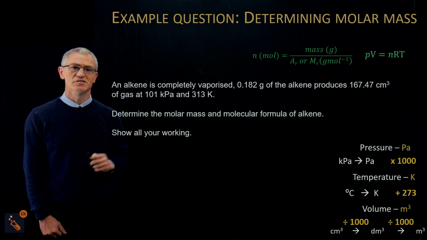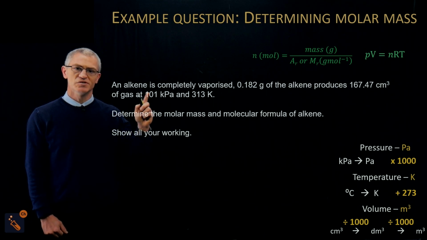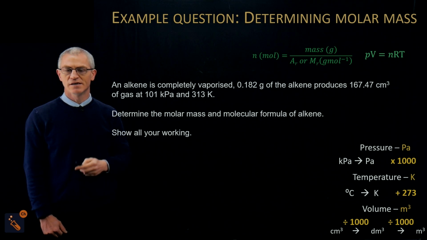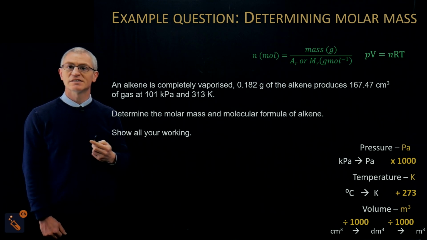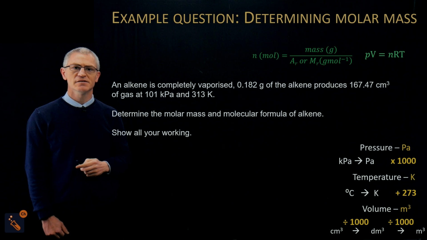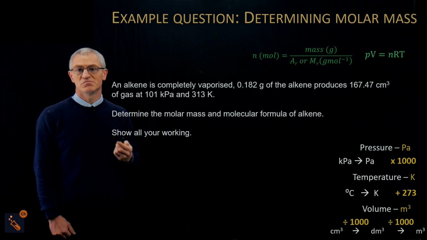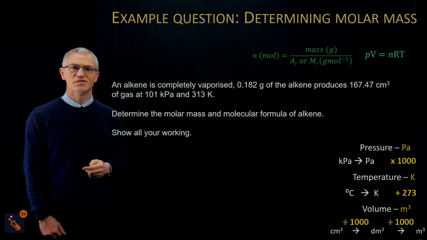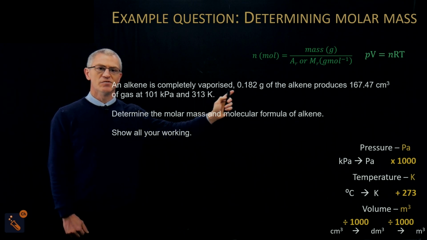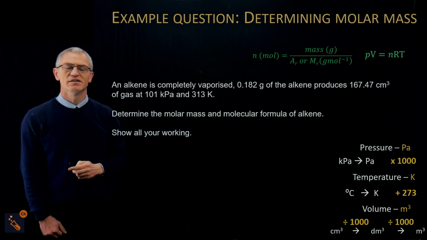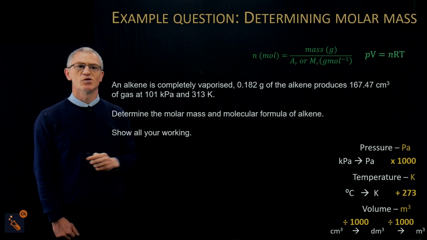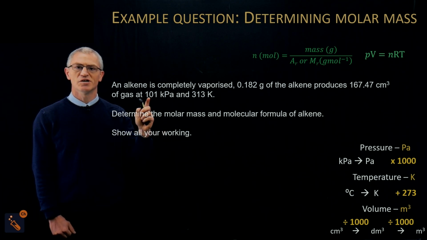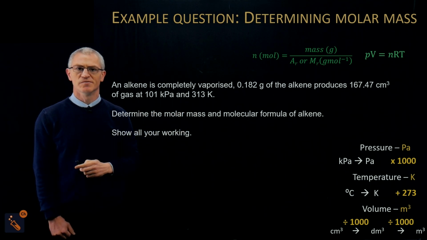So the question says, an alkene, really important there, alkene, so it's good for you to know what the general formula of an alkene is, and that's CnH2n. We'll talk about that later. It's completely vaporized, so basically turned into a gas, so we can use PV equals nRT. And then they give you a mass, 0.182 of the alkene, and they give you a volume of 167.47, a pressure, and a temperature.